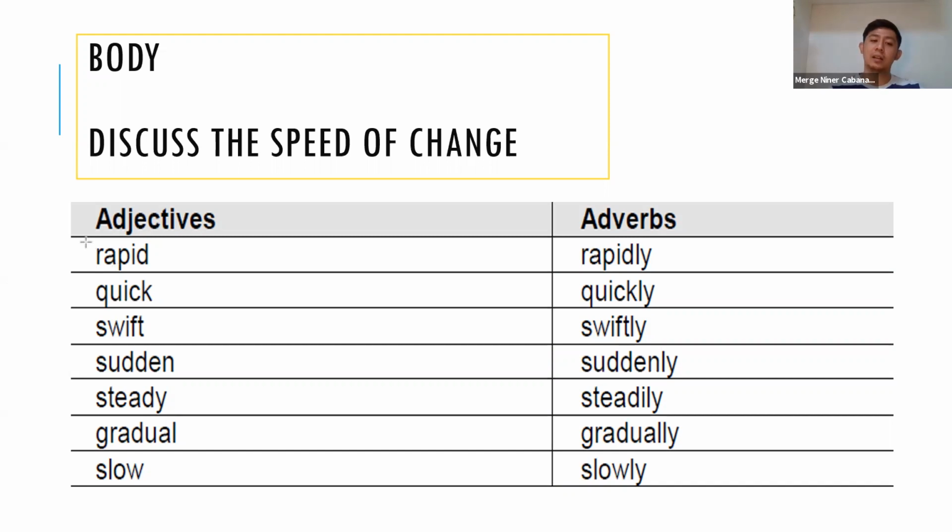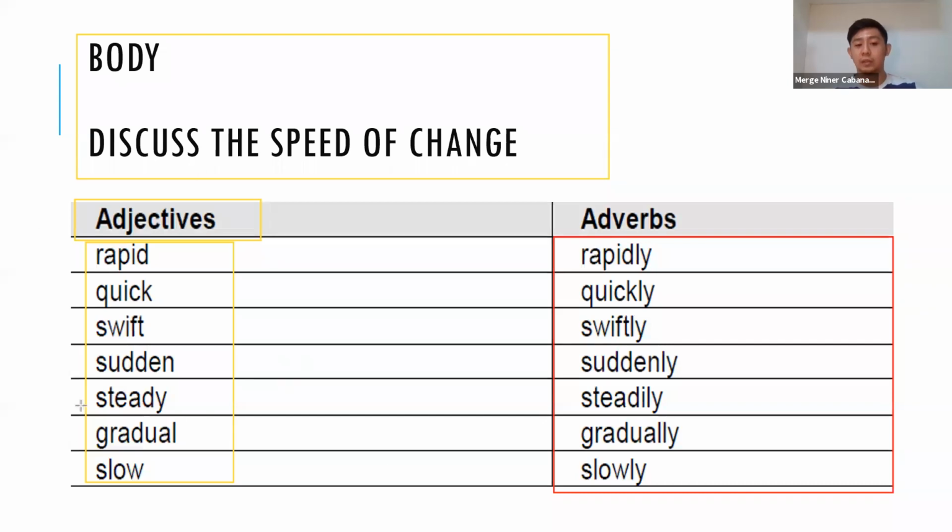If you're going to use a noun, then these are the words that you can use; they are part of your adjectives. And if we are using adjectives or verbs and also adverbs, then you can use the words rapidly, quickly, swiftly, suddenly, steadily, gradually, and even slowly. There's a difference between the two.